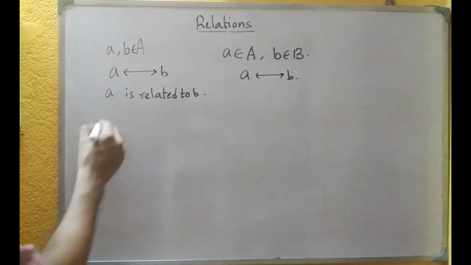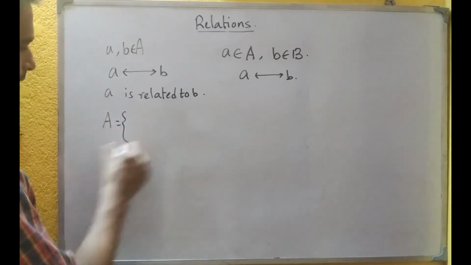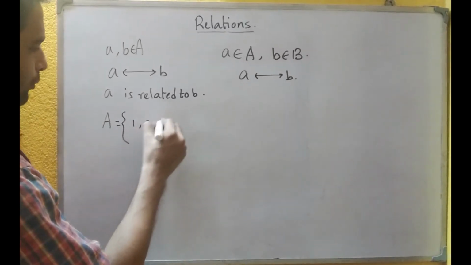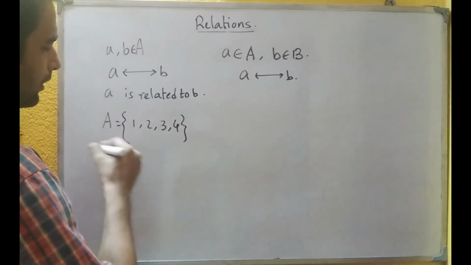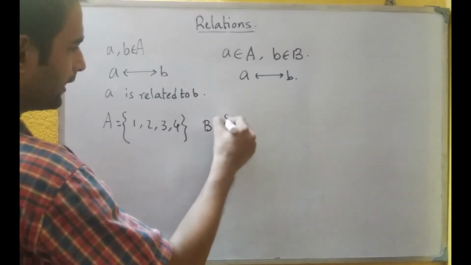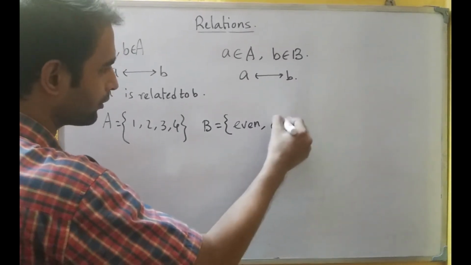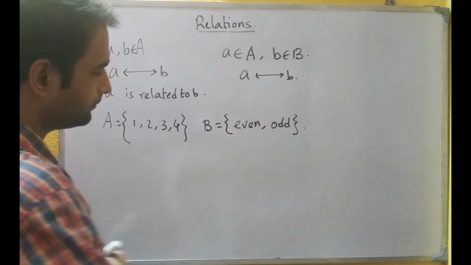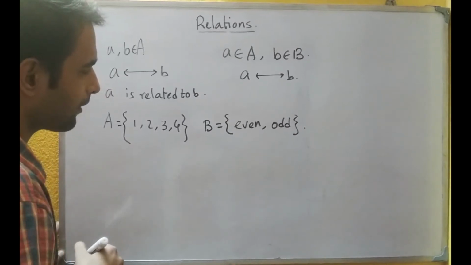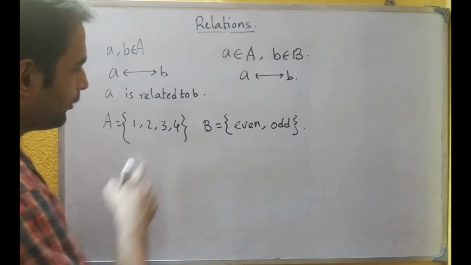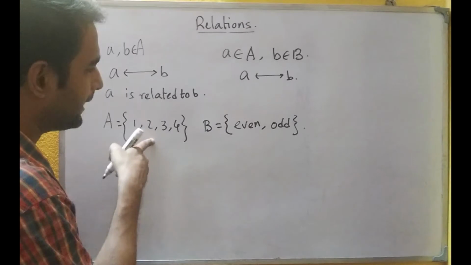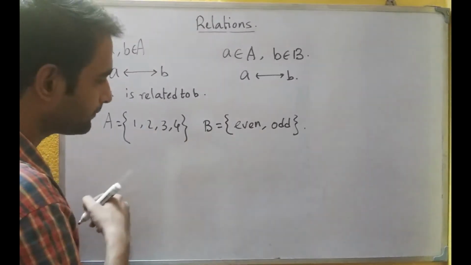So for example, let us take this one. Say we are taking A as 1, 2, 3, 4 and B as the two words even and odd. So how can we link the elements of the set A with the elements of the set B?